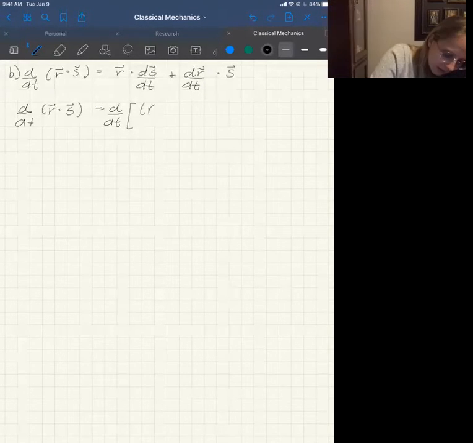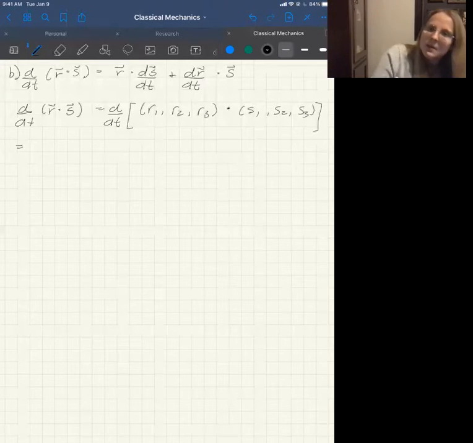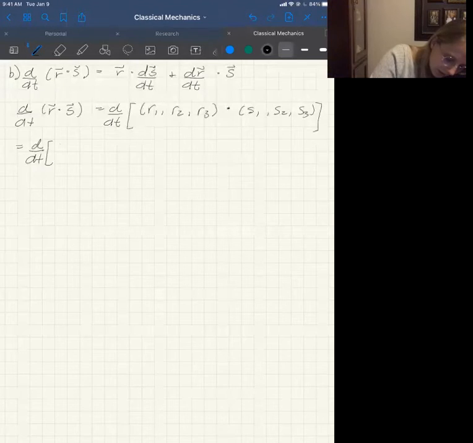So for R, I'll have R1, R2, R3, dotted with S1, S2, and S3. And I know what a dot product is, so I'll fill that in. I'll have d/dt of R1S1 plus R2S2 plus R3S3.